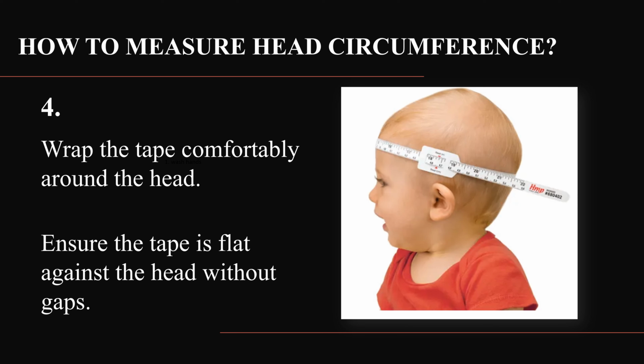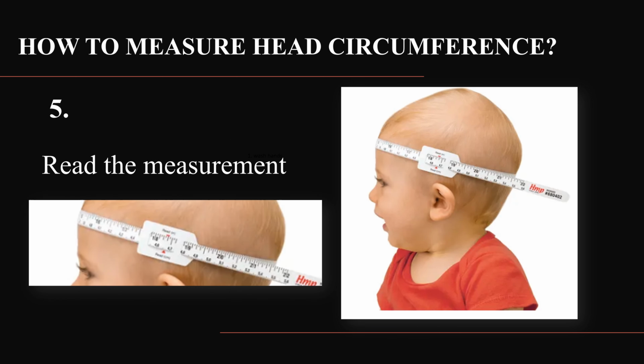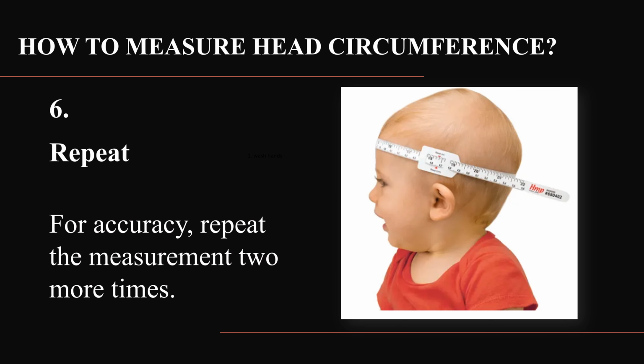Now wrap the tape comfortably around the head. Make sure that it is flat against the head without any gaps. And also make sure that it is not too tight or too loose. Now read the measurements carefully. Repeat the whole procedure.